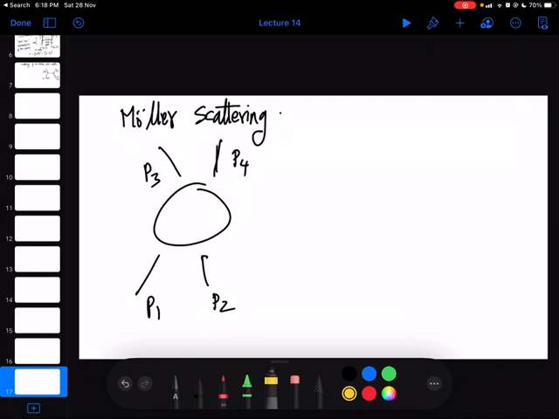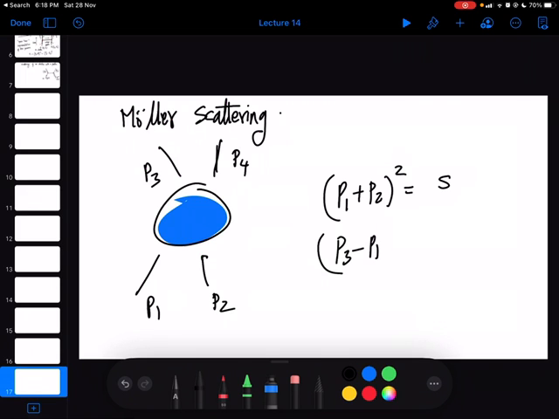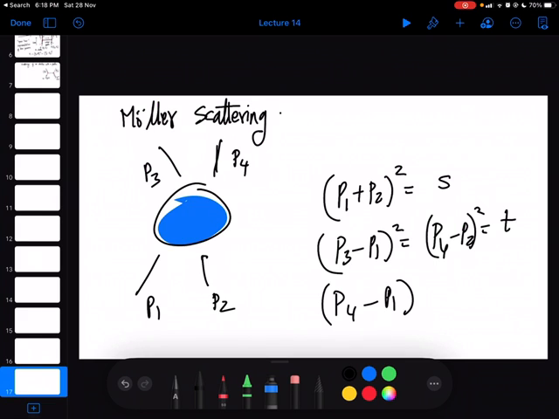This could be higher order or lower order in perturbation theory. So you can only have 3 possible things. One is P1 plus P2 whole square, which I call S. The other is P3 minus P1 whole square, which is equal to P4 minus P2 whole square, and that is equal to T. And the third one is P4 minus P1 whole square, which is equal to P3 minus P2 whole square, and that is equal to U.